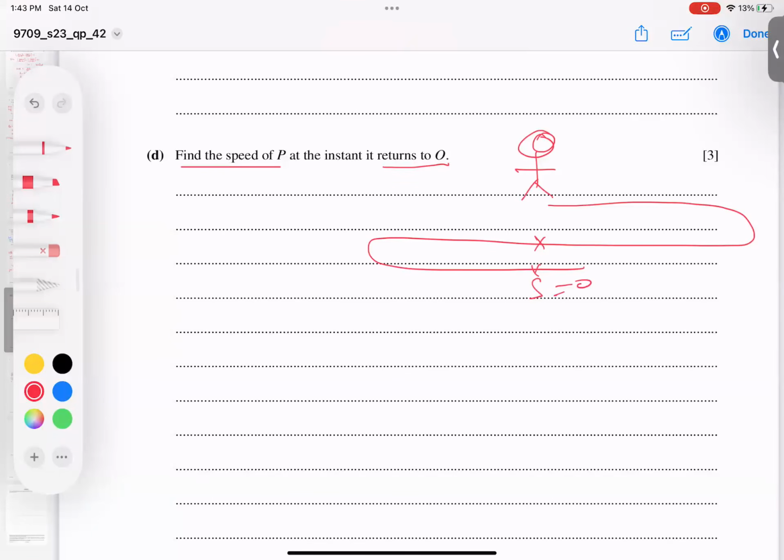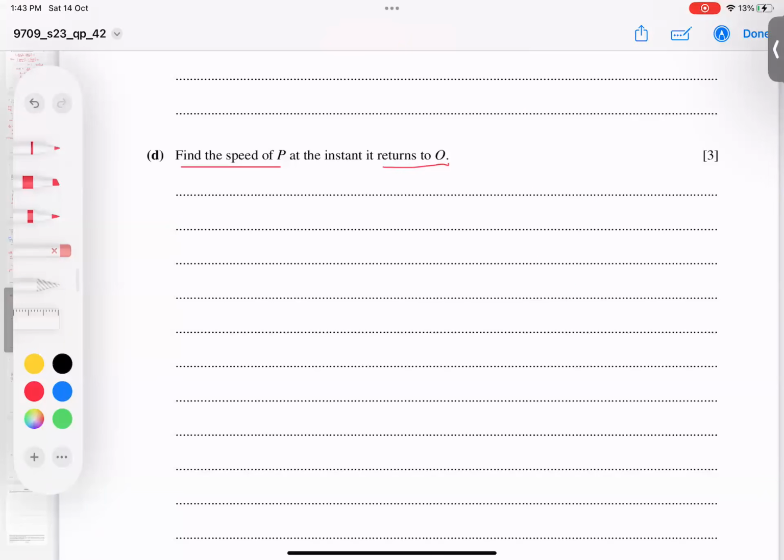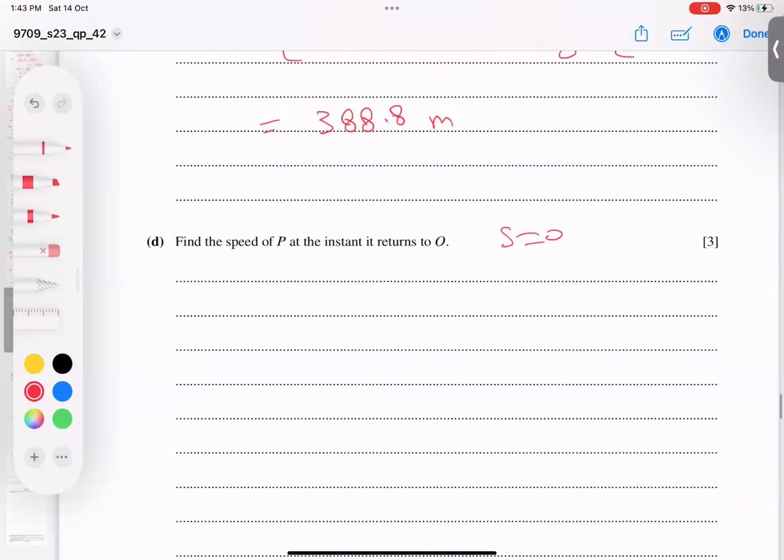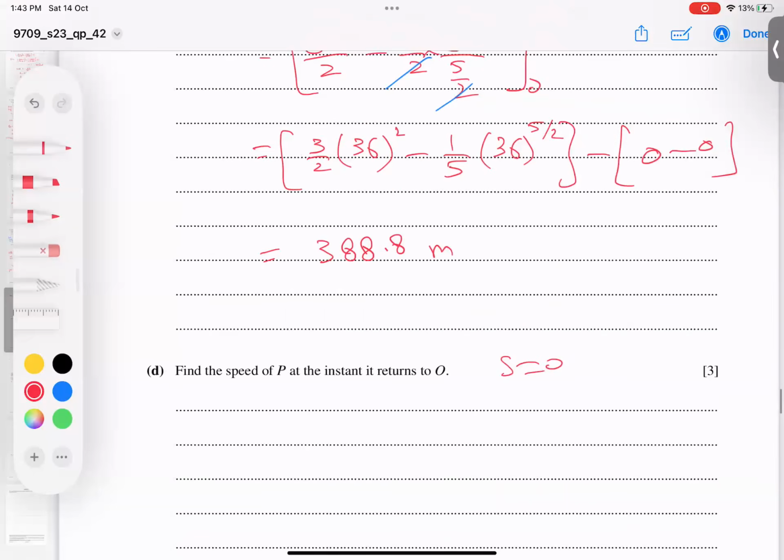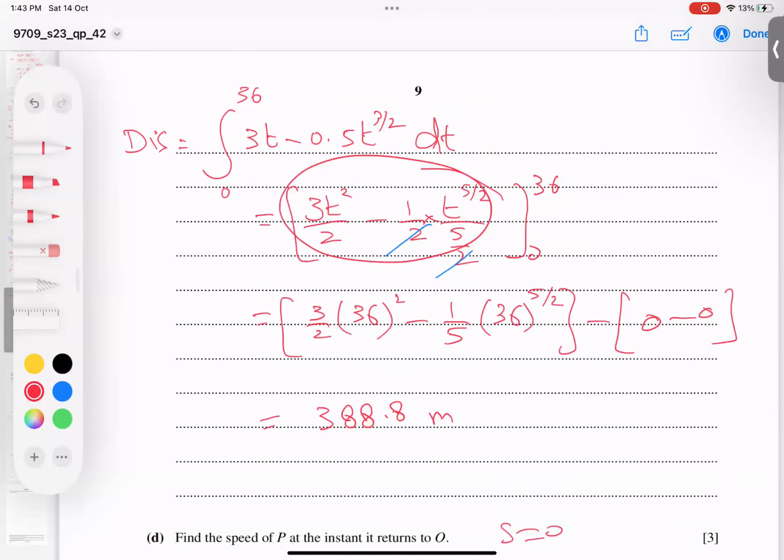Logically, why, sir? Because when the particle comes back to the observer, it is said to return to O. Whenever it is back to the observer or returns to O, we always put displacement equal to 0. But the question comes, where is the displacement expression? We have it. Where, sir? This is displacement.